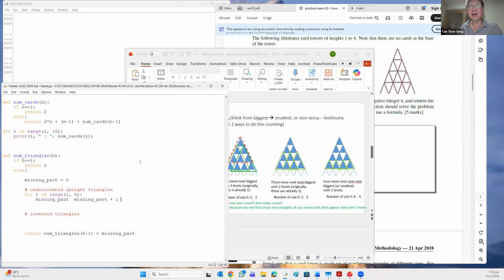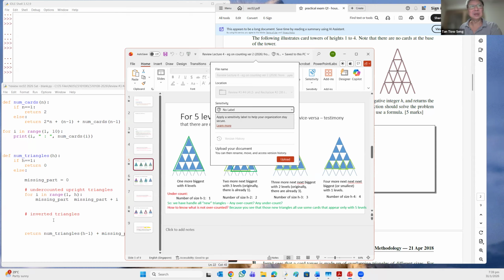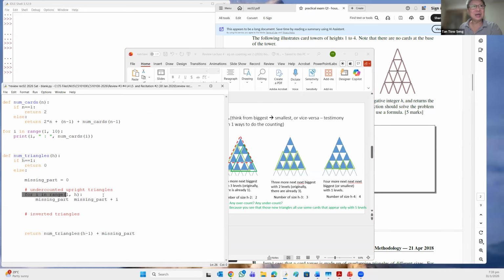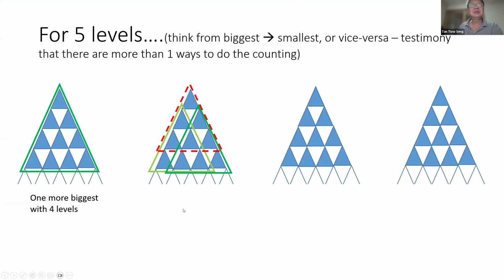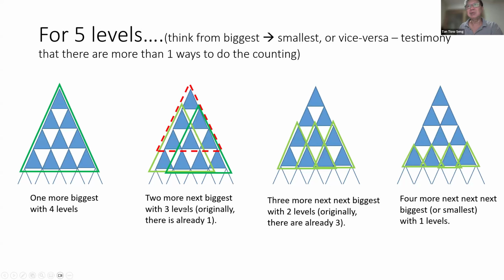All right, you remember I add 1, add 2, add 3, add 4, until h minus 1. All right, so this will take care of what I missed out, what I didn't manage to count. Right, and now I will do the same for my inverted triangle. Okay, so this is my upright triangle.